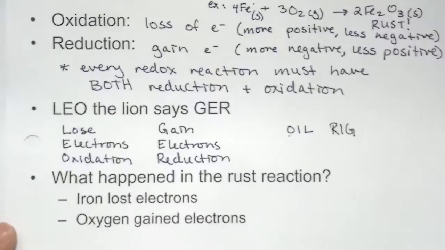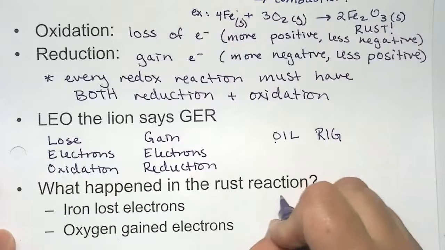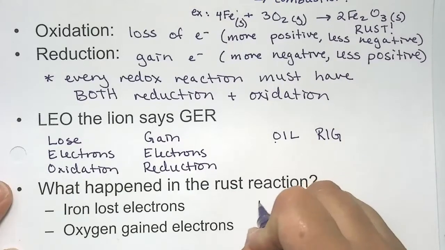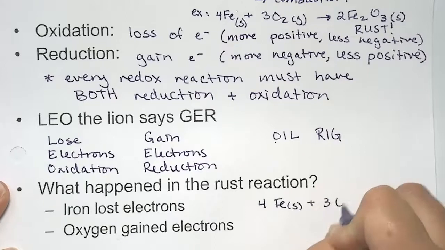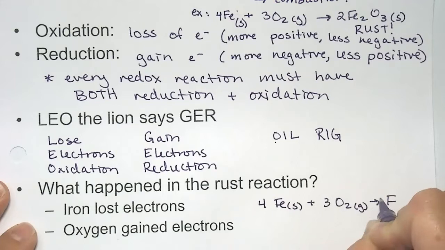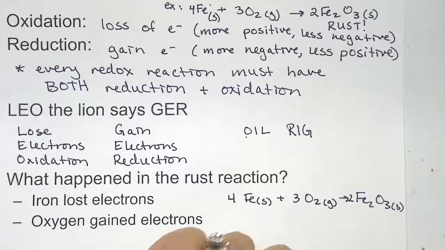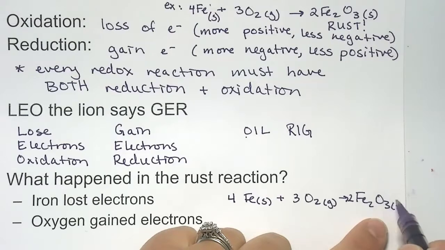So let's go back to the rust reaction. I'm going to rewrite it again down here. So we have 4 Fe plus 3 O2 gets 2 Fe2O3. Tell me, what is the charge on oxygen when it's in an ionic thing? -2.